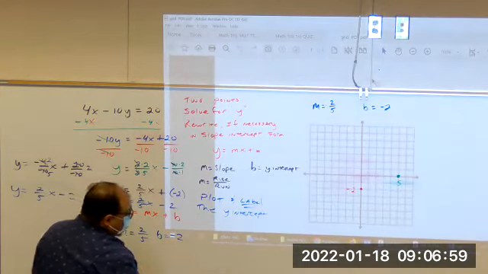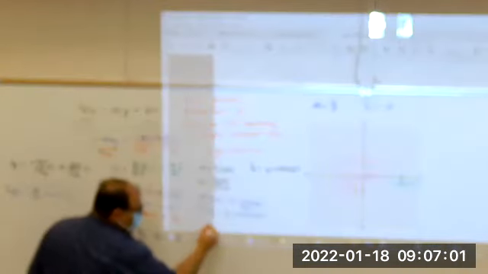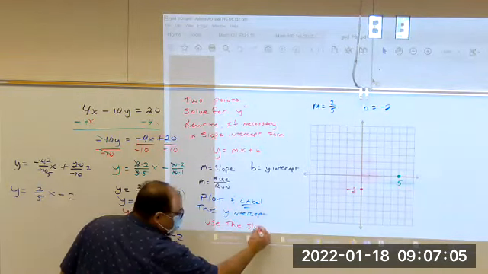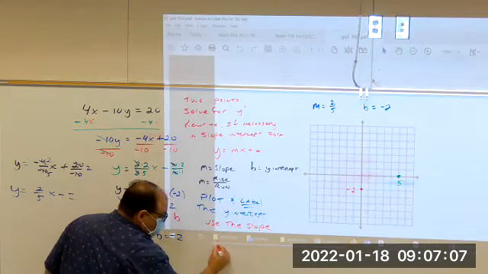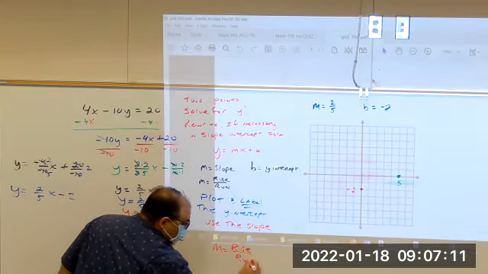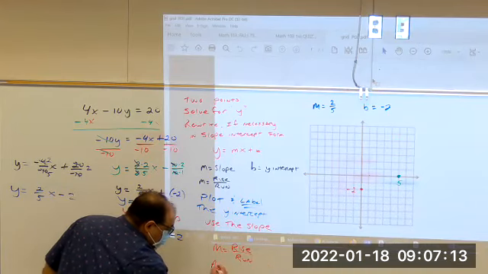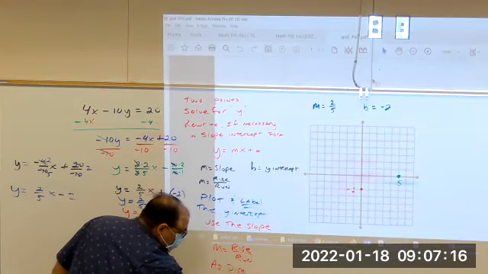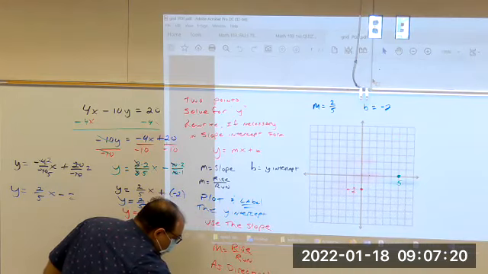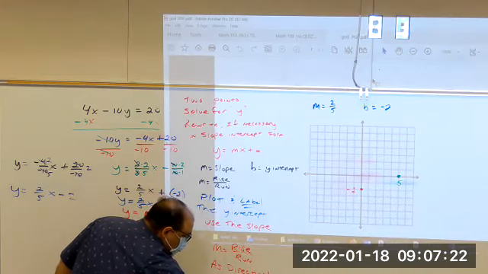So we plot and label the y-intercept, and then you use the slope, the rise over the run, as directions to get to the next point.